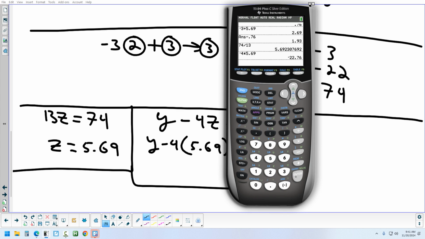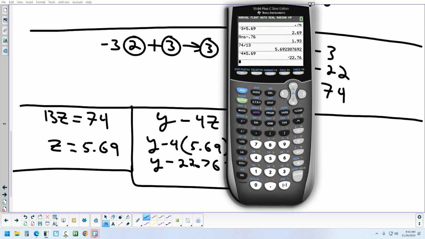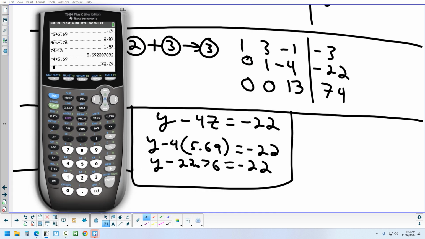That's -22.76. And now, how would you move that -22.76 to the other side? Add it. Okay, so -22 plus 22.76 gives me, I guess I could have done that in my head, 0.76. There's y.